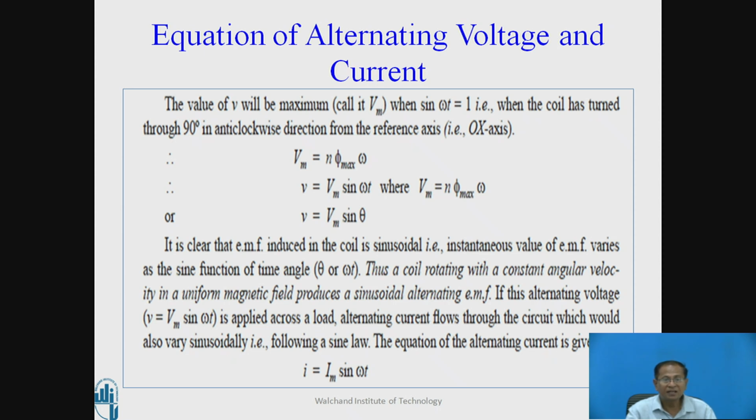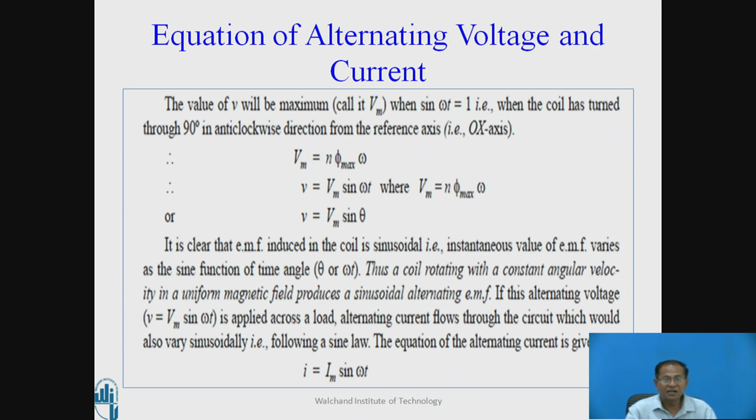It is clear that the EMF induced in the coil is sinusoidal. That is, the instantaneous value of the EMF varies as a function of time, angle theta or omega t. Thus, a coil rotating with a constant angular velocity in the uniform magnetic field produces a sinusoidal alternating EMF.